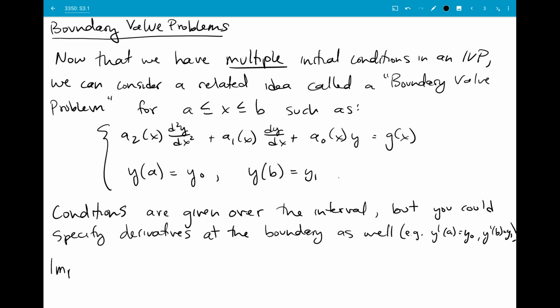What's going to be most important for us right now is that the initial value problem theorem doesn't work the same way for boundary value problems.